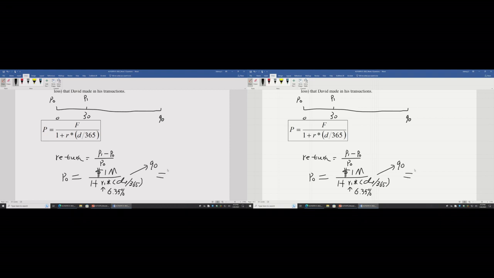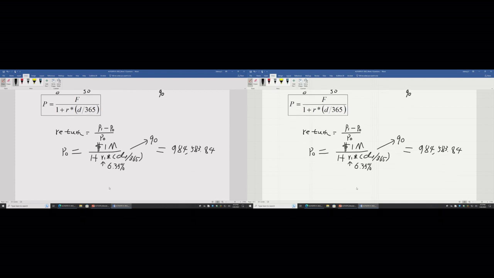And that will give you 984,583.84. Okay, so that's the price when the bank bill is issued.